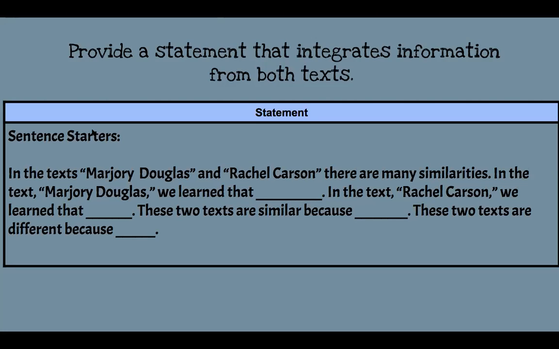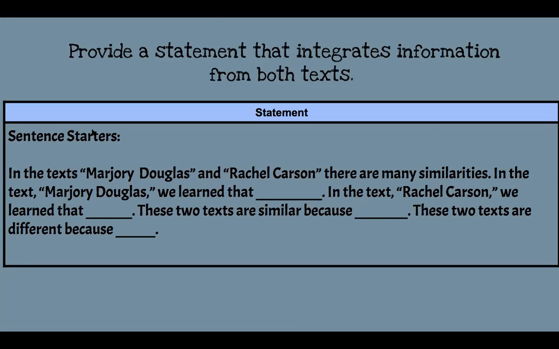These two texts are different because they both have different names. Well, yes. One is a writer and one is helping in the military, I think. She did help with the Navy a little bit, but she was mainly a biologist, right? Which is the study of living things. But she did help the Navy at one point.